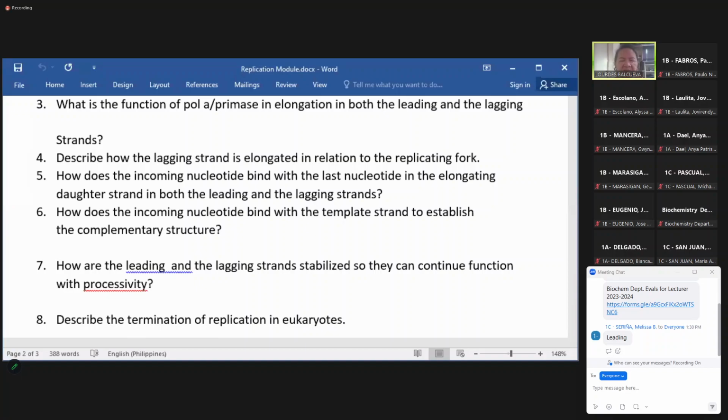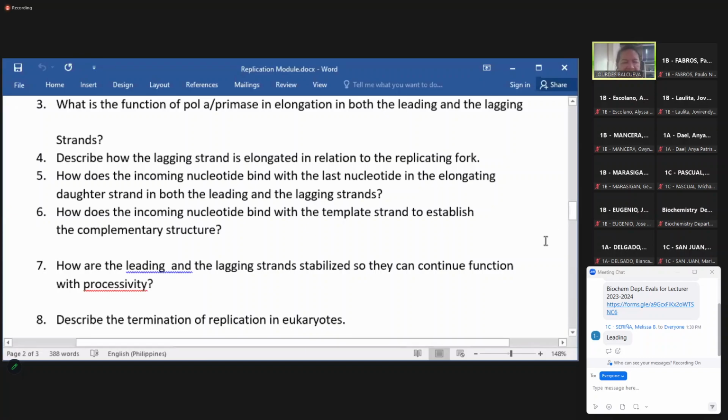Doc, would it be the sliding clamp? That's the proliferating cell nuclear antigen, PCNA. Yes, that is correct. That is the protein that stabilizes the enzyme so that processivity will proceed.